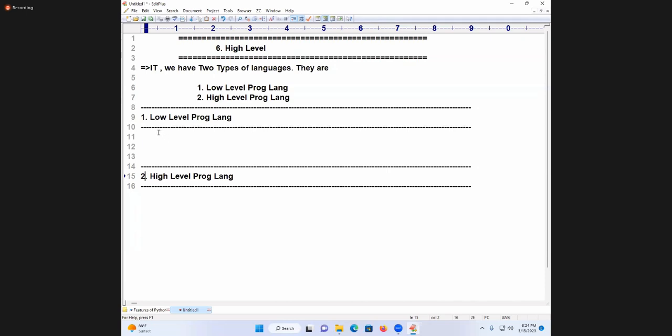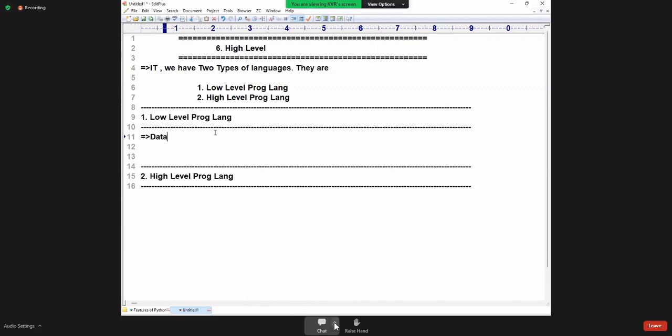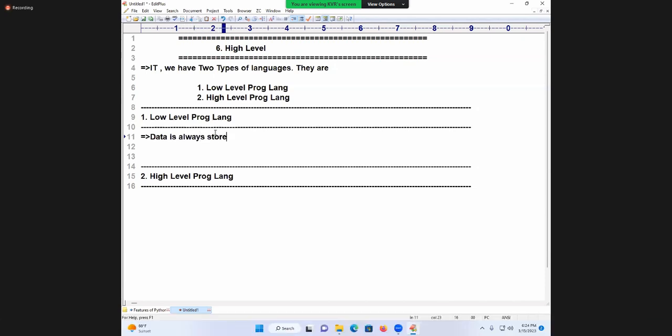Now I'm going to discuss one important point here. In the low level programming language, data is always represented, always stored in the form of, I'll write three important things.